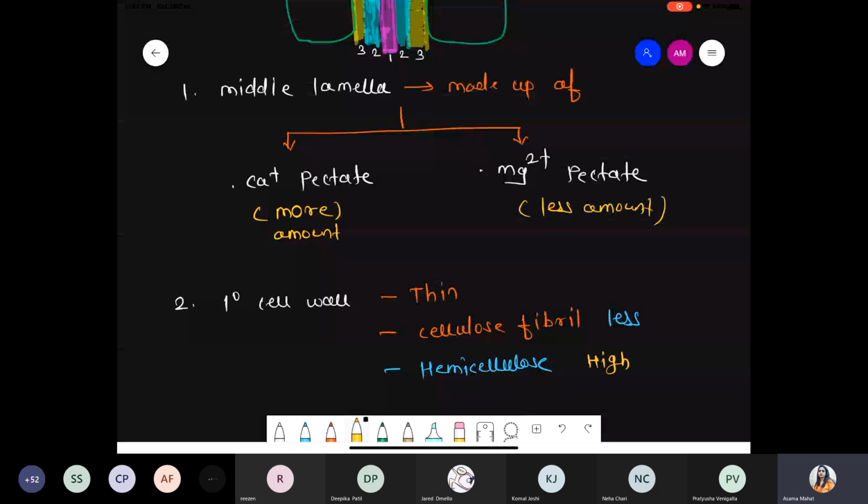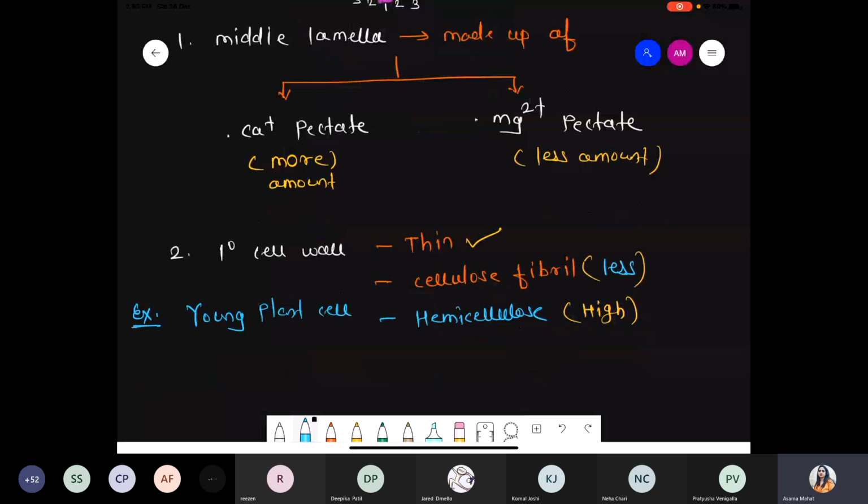So compared to the secondary wall, the primary cell wall is thin, with a low concentration of cellulose fibril and a high concentration of hemicellulose. Please remember, such a thin primary cell wall is very common in young plant cells.